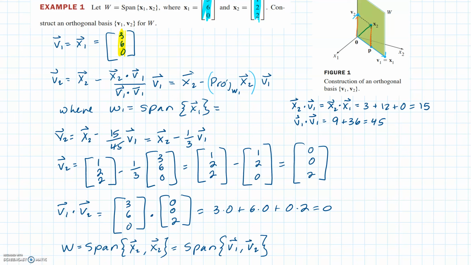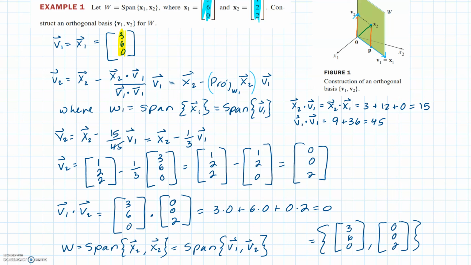By the way, we also know that the span of x1 is the span of V1, since they are the same. So we found the orthogonal basis. The orthogonal basis is V1, which is (3, 6, 0), and V2, which is (0, 0, 2). That's the orthogonal basis for W.